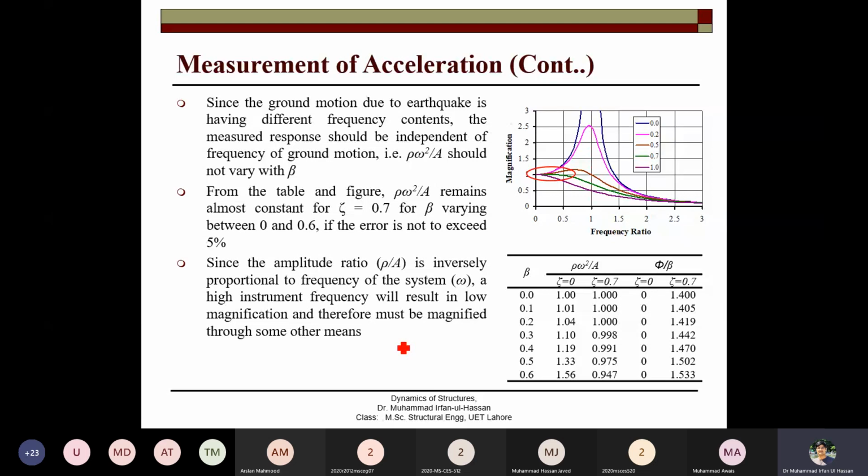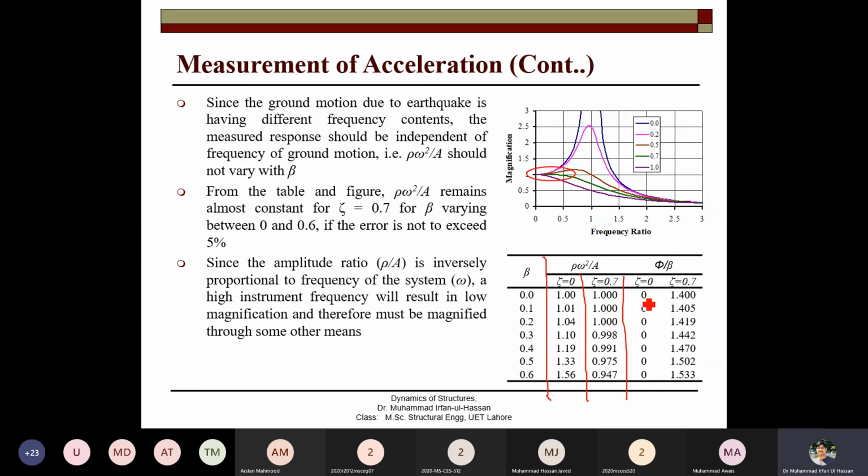So therefore, you can plot the frequency ratio in this initial range, beta from 0 to 0.6, with the psi value of damping 0. These are the answers for rho omega square over a for 0.7. It is very closer to 1. You see that for psi, when these values are taken, they are very closer to 1. For psi 0, the phase angle is 0.